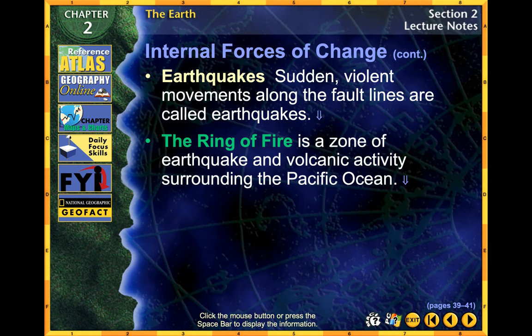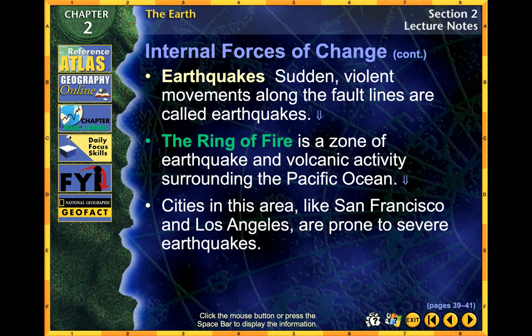The Ring of Fire is actually a zone of earthquake and volcanic activity that surrounds the Pacific Ocean. And so many of the islands that are formed in the Pacific were actually part of this Ring of Fire chain, and many of them have volcanoes that are constantly erupting and creating more island. Hawaii is an example of this. Mount Kilauea is always going off and creating more island.